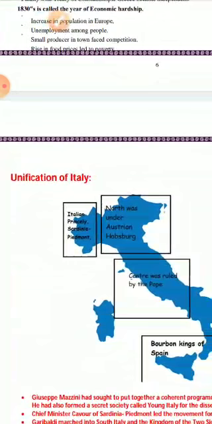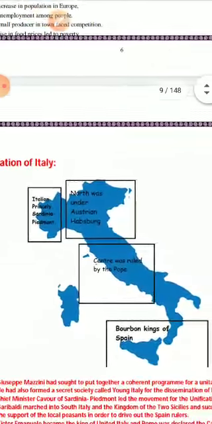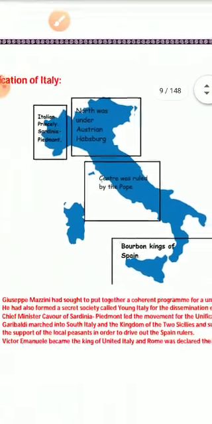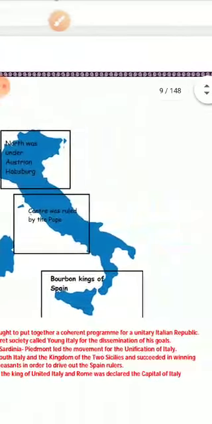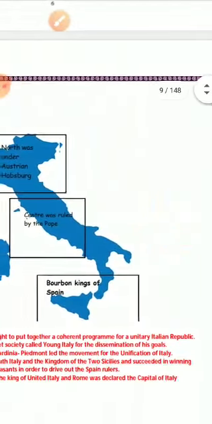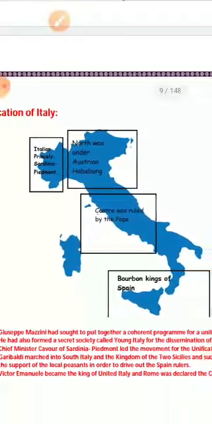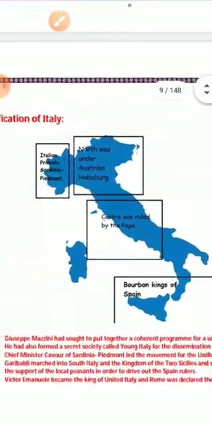Unification of Italy: Italy was divided into 7 small states, with Sardinia-Piedmont the only one ruled by an Italian princely house, that you know already. Mazzini had sought to put together a coherent programme for a unitary Italian republic. He had also formed a secret society called Young Italy for the dissemination of his goal. That is the first point.